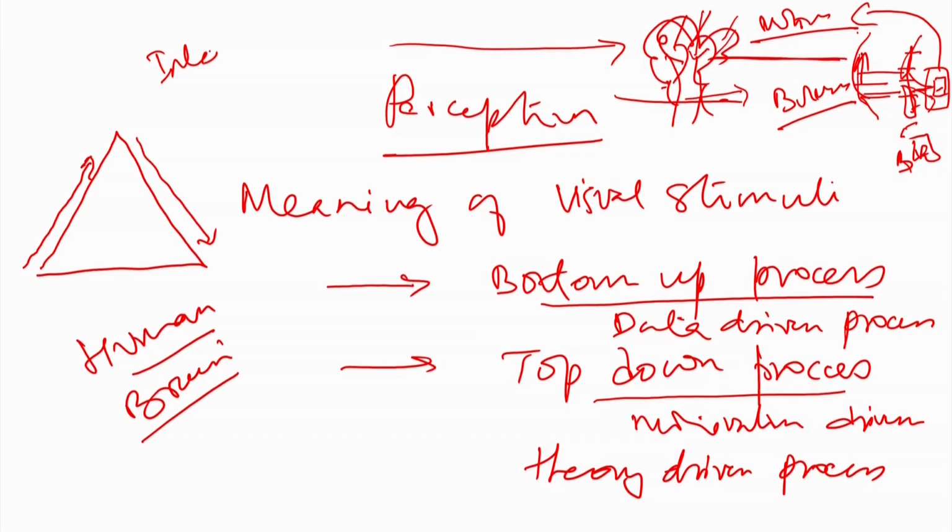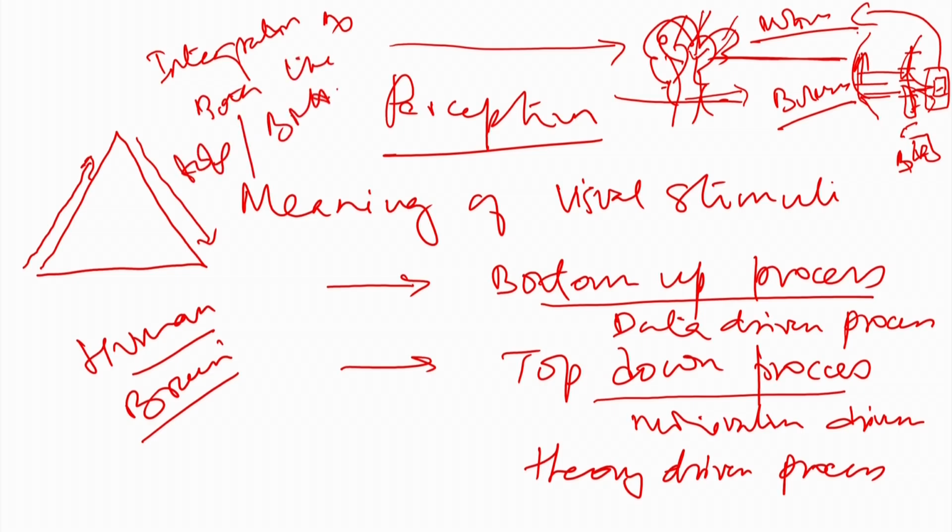Basically, most perceptual processes or most perceptual events require the integration of both the top-down and the bottom-up process. So, let us start with understanding what are the bottom-up processes in perception, and looking at some of the bottom-up processes in perception which are used for understanding the perceptual process.